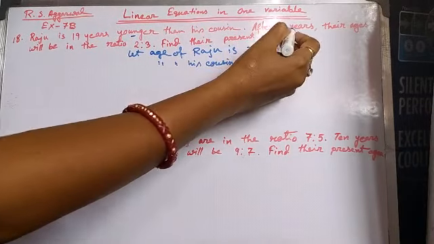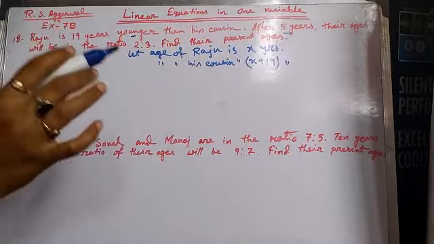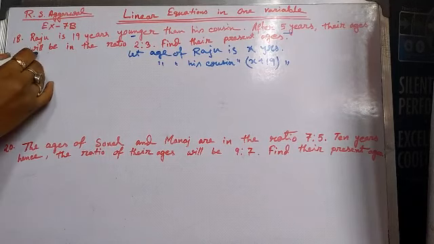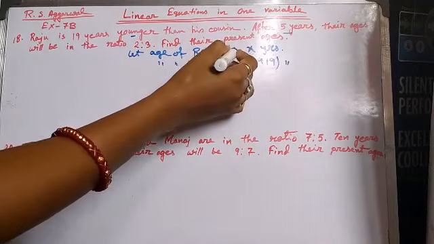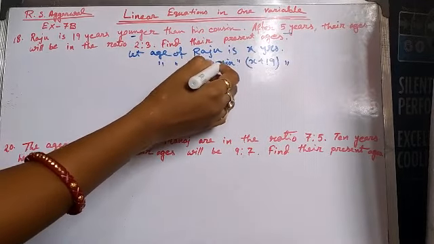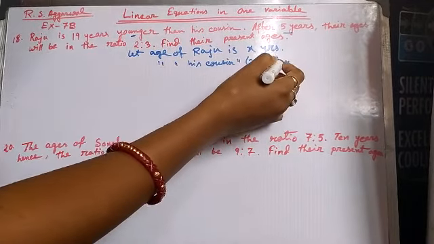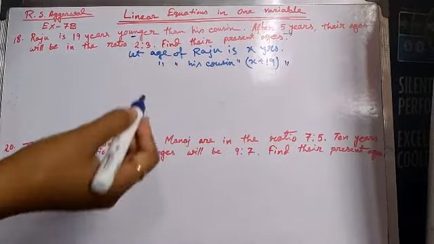After 5 years, their ages will be what? That we have to find out first. Will be, that means future. So Raju's age will be x plus 5 and the cousin's age will also have plus 5 with it, because after 5 years.